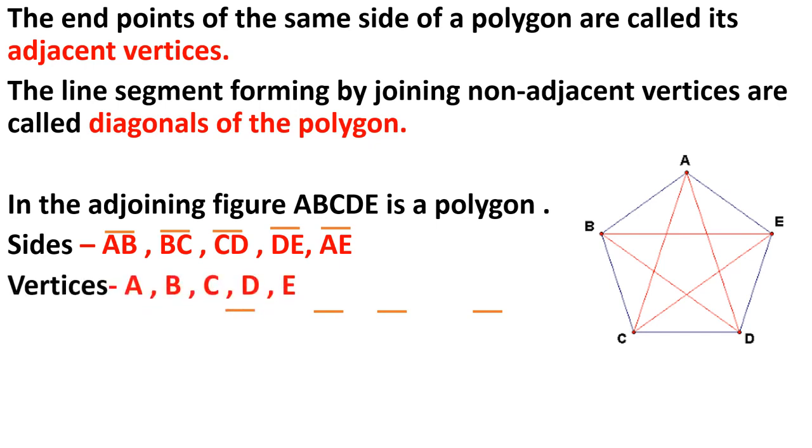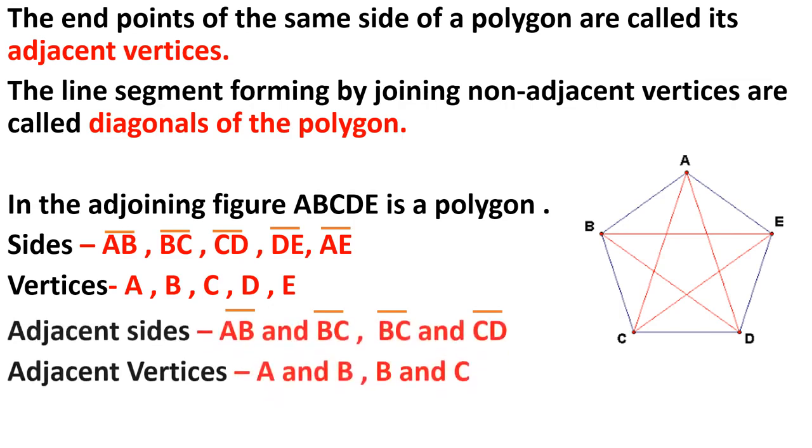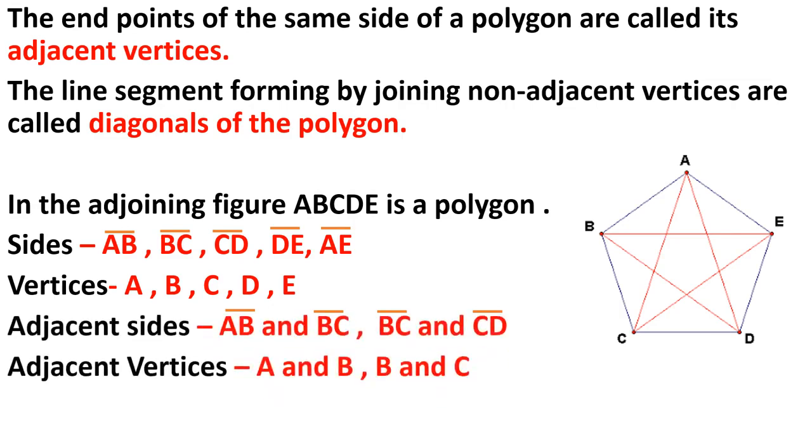Now same is adjacent vertices. The end points of the same side of a polygon are called adjacent vertices. Make one side, one line segment of a polygon. The two end points of that side are called the adjacent vertices. Clear? Now see diagonals of a polygon. What are diagonals?